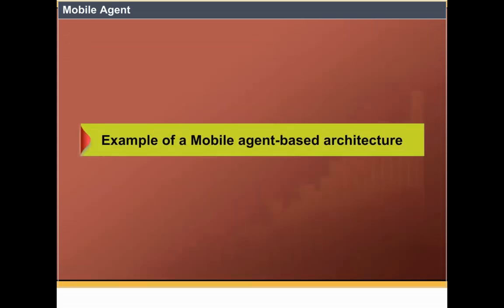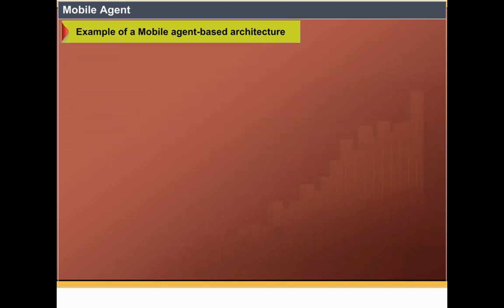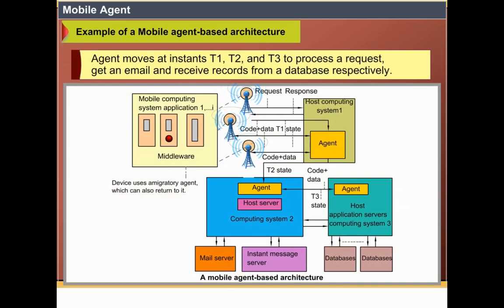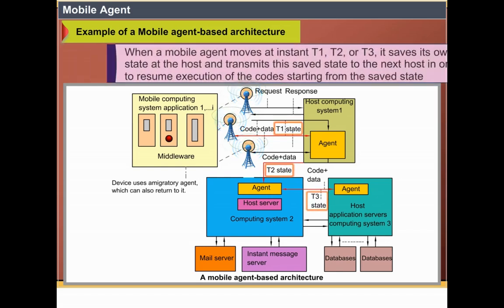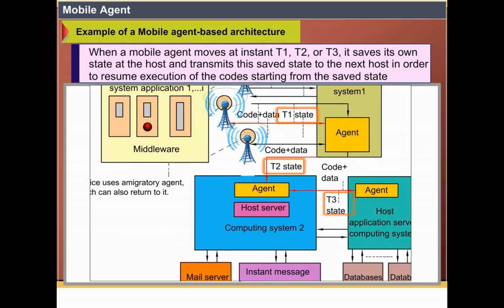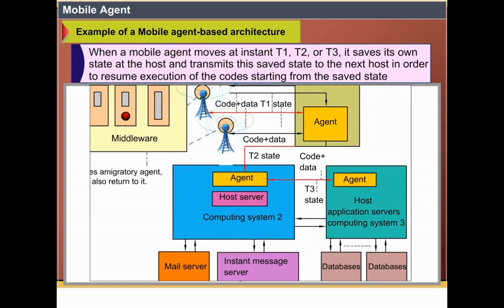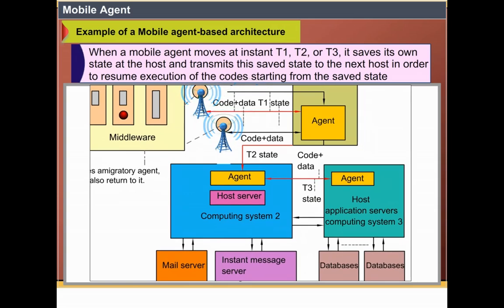Example of a mobile agent-based architecture. Agent moves at instants T1, T2, and T3 to process a request, get email, and get records from a database respectively. When a mobile agent moves at instant T1, T2, or T3, it saves its own state at the host and transmits this saved state to the next host in order to resume execution of the code starting from the saved state.